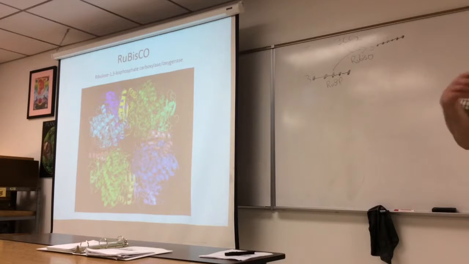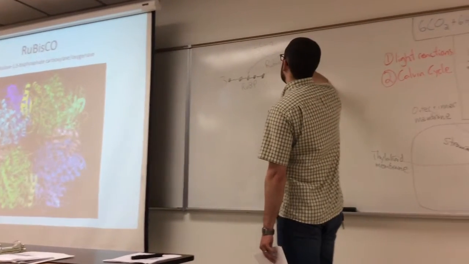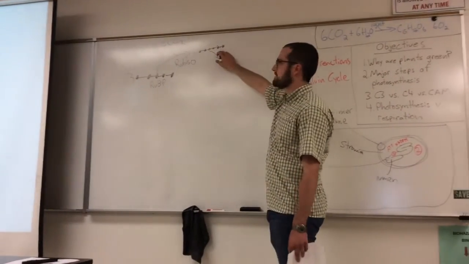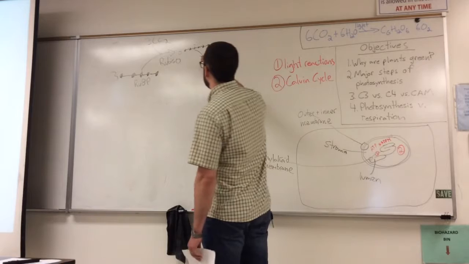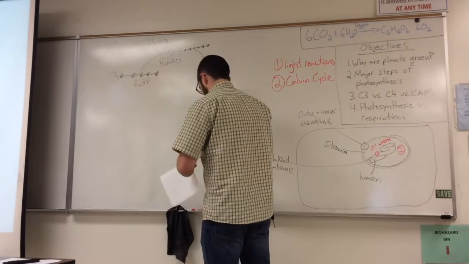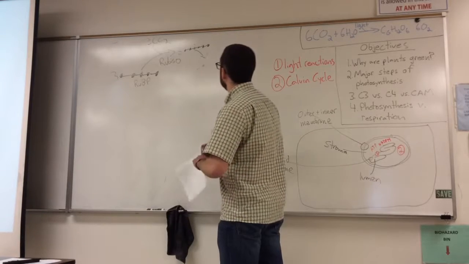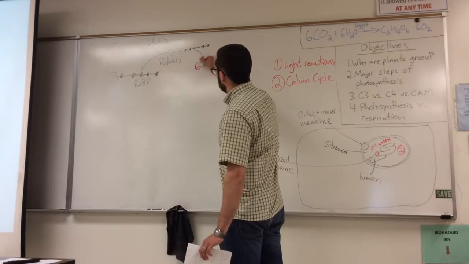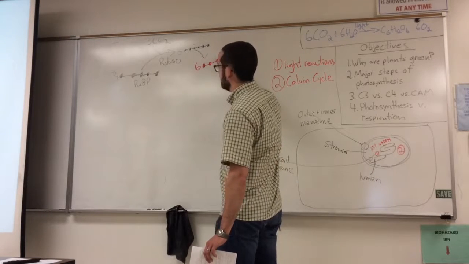And so they pretty much immediately break into 3-carbon sugars. So we had 3 6-carbon sugars. We're going to split all of those in half. So that'll give us 6 3-carbon sugars.